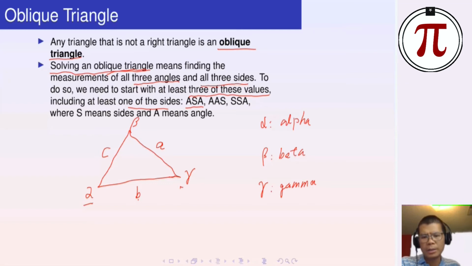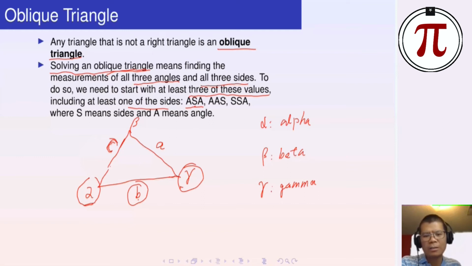So we would have ASA: angle, side, angle. For instance, we know the value for C, we know the value for B, and we also know the angle between C and B. Sorry, this is angle, side, angle. This should be alpha, gamma, B, right?